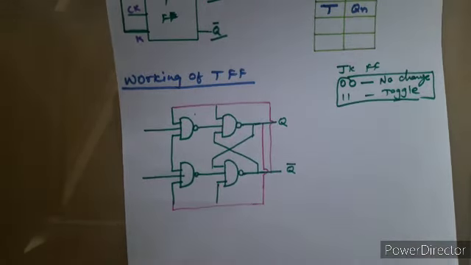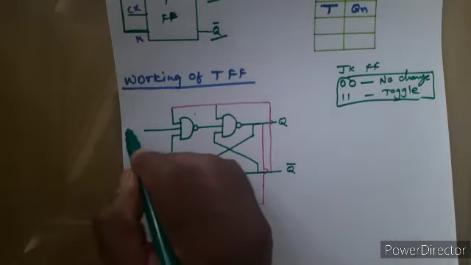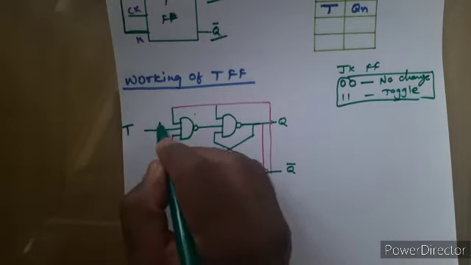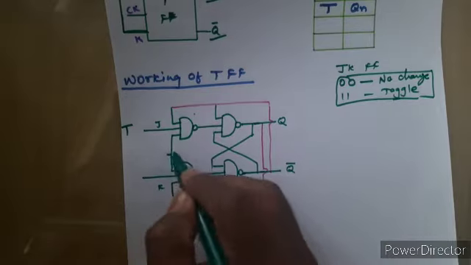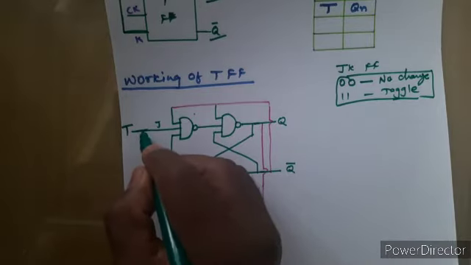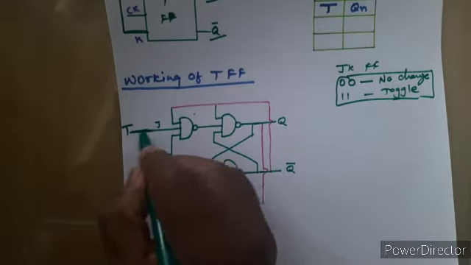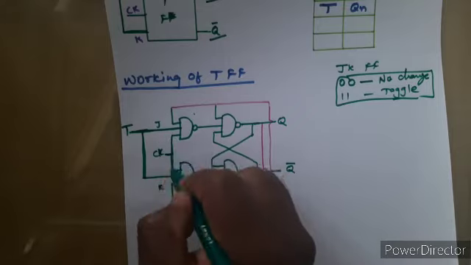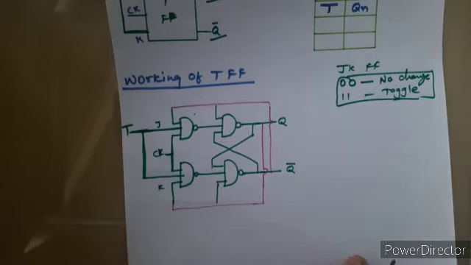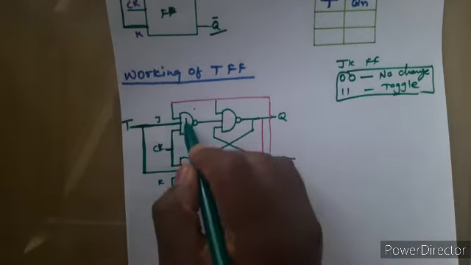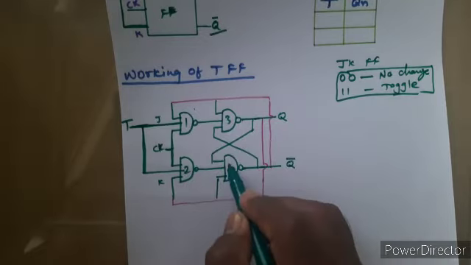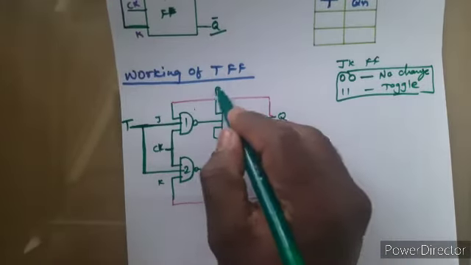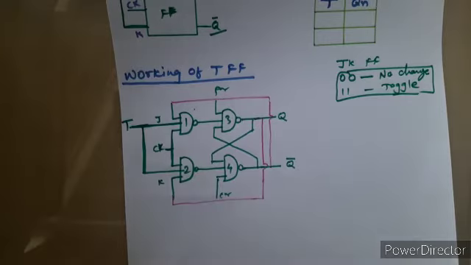As per the concepts, this is T, this is J, this is K, this is the clock pulse, and here J and K are shorted, right? Now this is a level triggered JK flip-flop being used as a T flip-flop, right? So this is preset and this is clear.